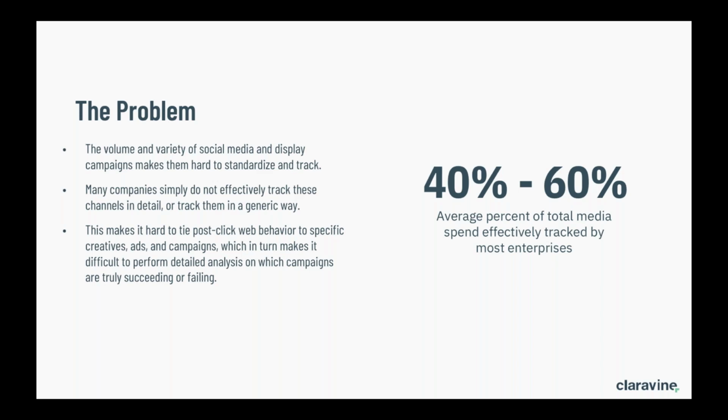And that translates into difficulty being able to perform detailed analysis on which campaigns are truly succeeding or failing. We found that only about 40 to 60% of total media spend is really effectively tracked by a lot of companies. There are some campaigns that either make it into some sort of generic bucket or just don't make it in at all because of this misalignment.